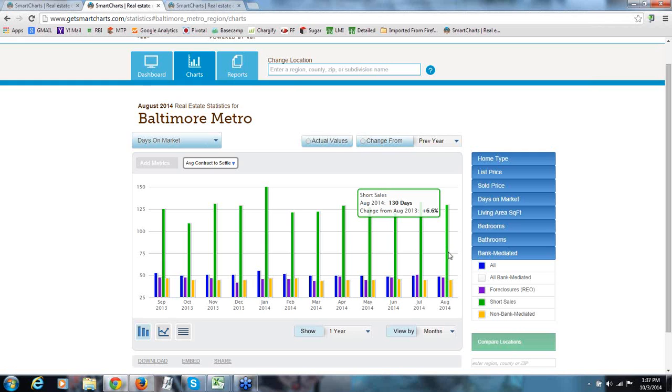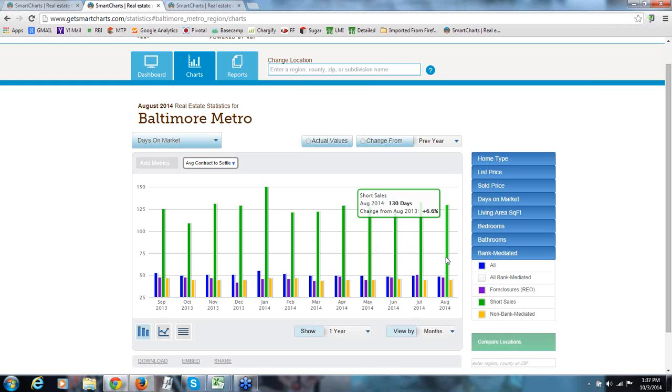Make sure they're aware of this issue. This isn't just anecdotes and that people are aware of what happens and the trouble people have with banks trying to get the short sale approved. But this is objective data that you can show to help set their expectations.